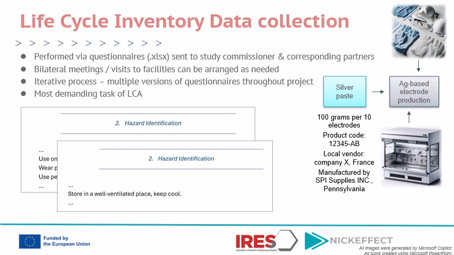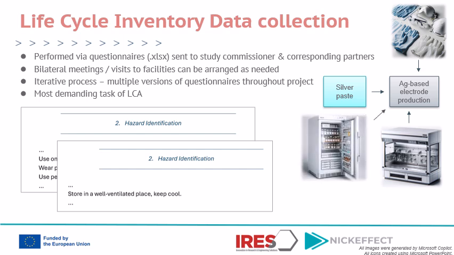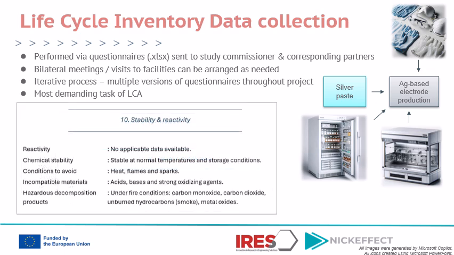Other information that we can get from this section has to do, as I said, with ventilation or cooling. So I might need to ask whether there is a fridge needed to store the material for a certain amount of time. And another interesting section of an MSDS has to do with the stability and reactivity.